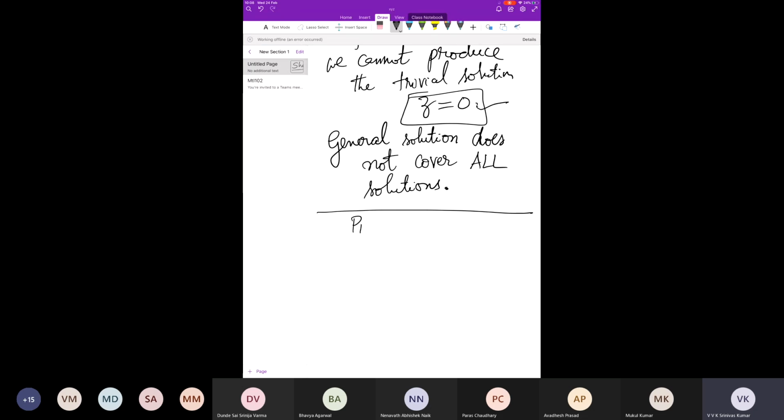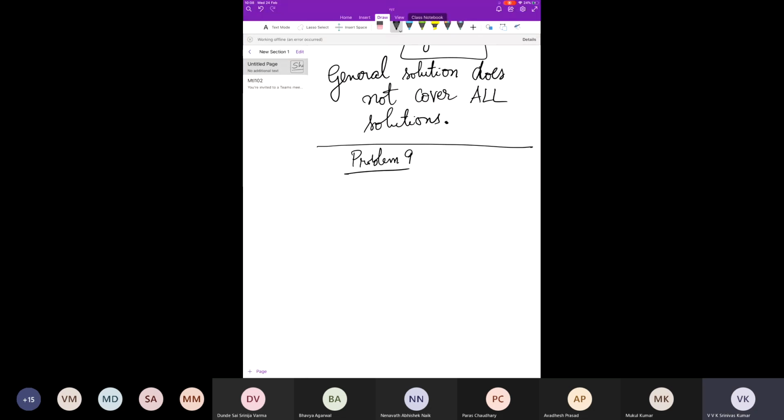Now come to the problem. This is a typical problem, and there can be many varieties of problems. Notice what is happening: u_y is equal to u squared.